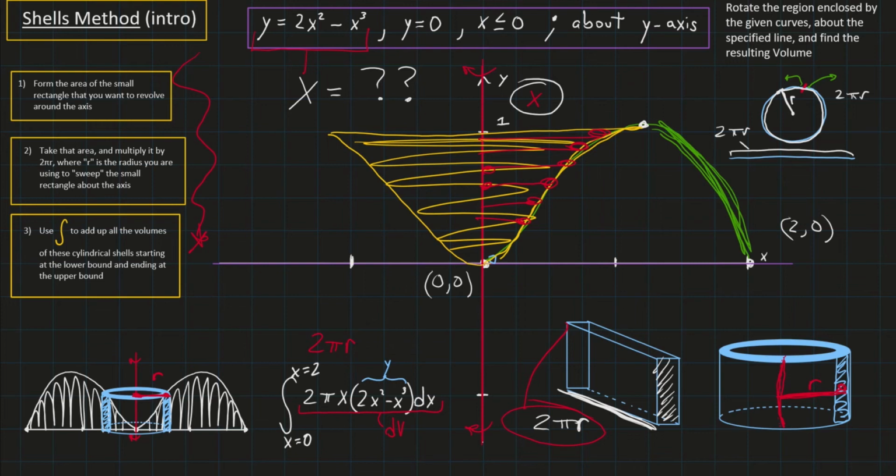So, for most problems, you can use both methods. Shells will work, disks will work. But for some problems, shells will work and disks won't. And of course, for some problems, disks will work but shells won't. So just in case you're running into a wall in one of your problems, just try switching your method. Alright, long video, but hopefully this shells approach makes sense.